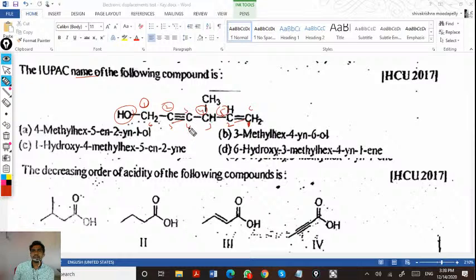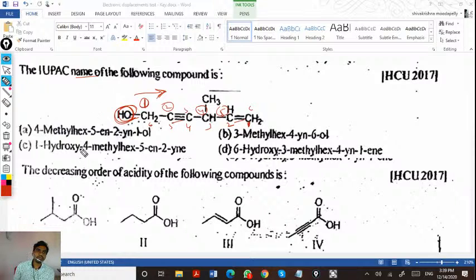So look at the OH, which must be the suffix among all these high priority groups, so it must get the lowest number, so it is 1-ol. So I need to take the numbering from this end. The rest are all the same, only numbering is the confusion; numbering is the logic here.